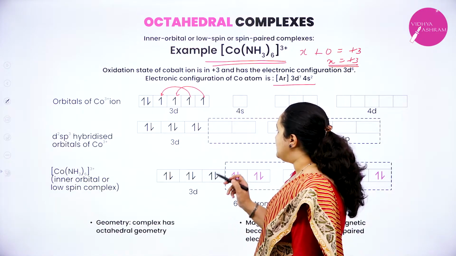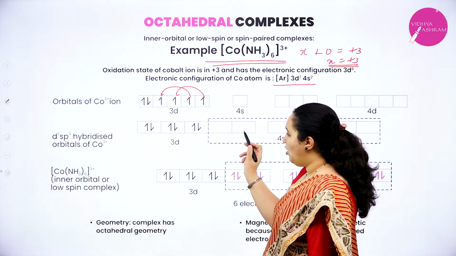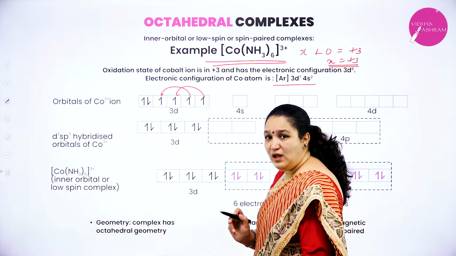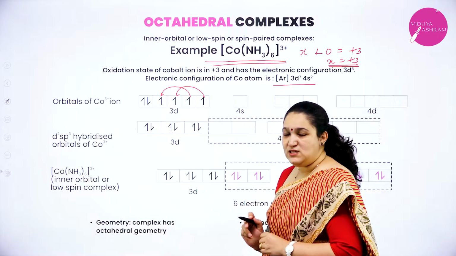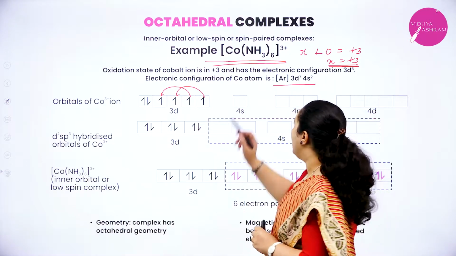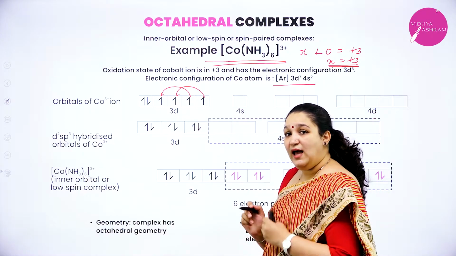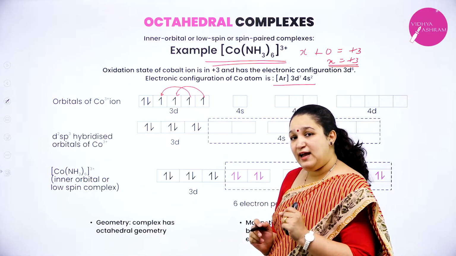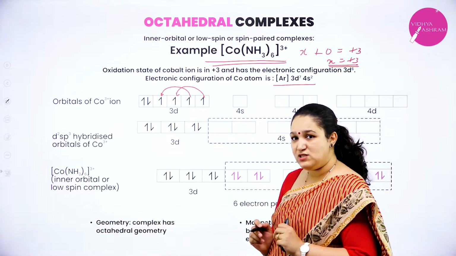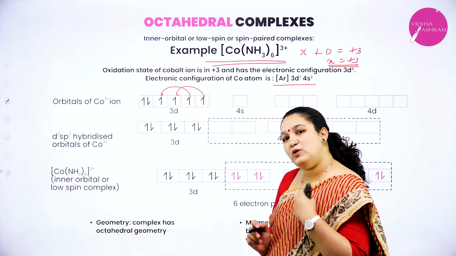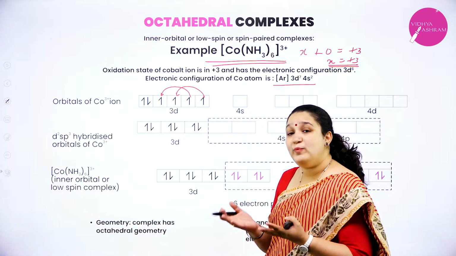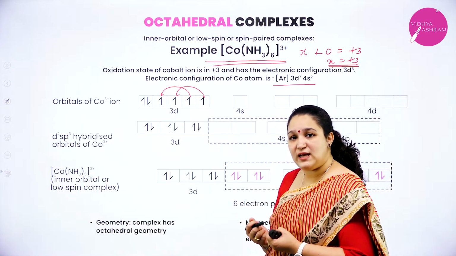Now the next 2 d orbitals are vacant. Next, I have to see how many ligands there are. I have 6 ligands, and every ligand gives 2 electrons. Each orbital can take only 2 electrons. So, how many vacant hybridized orbitals do I require?